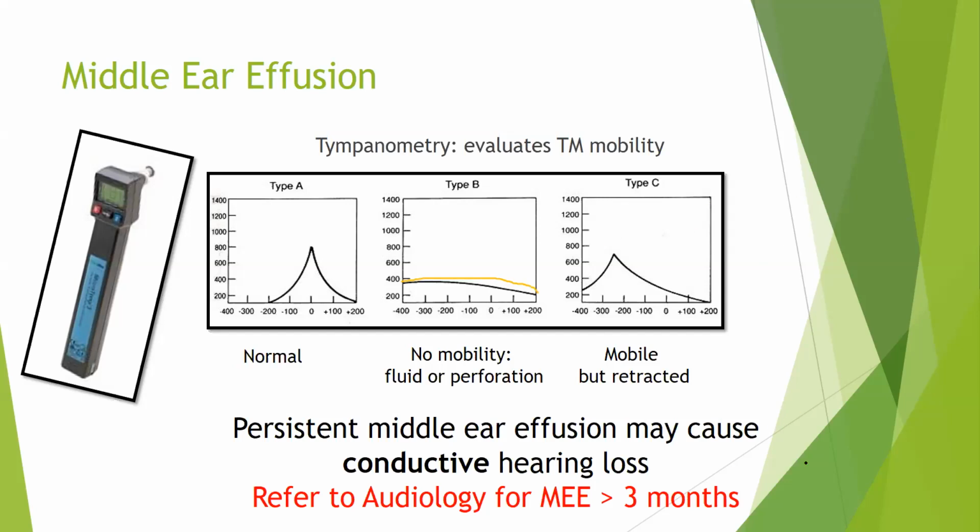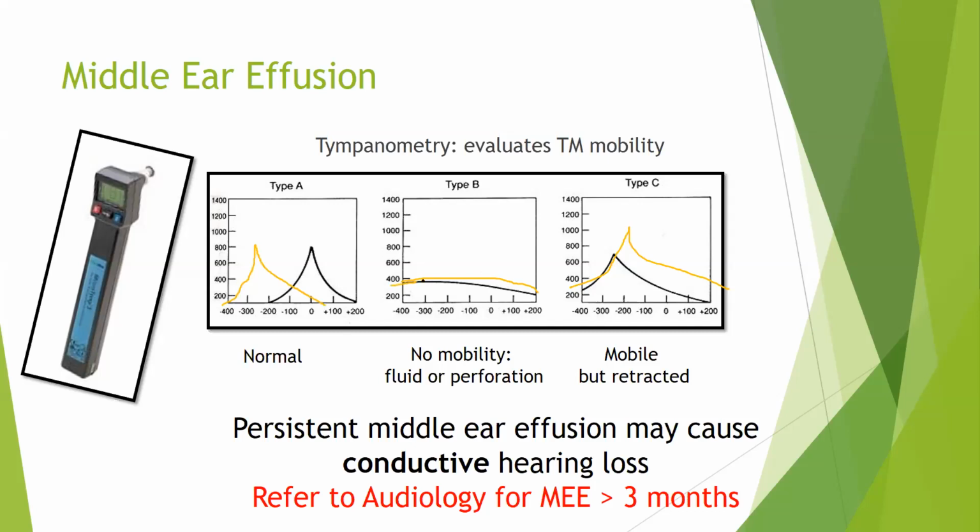And then if it's mobile but retracted, then you're still going to have this peak look because it's moving, but it's going to be a little bit farther down the canal, so you see it more toward the negative. So if we see a retracted membrane here, it's going to land on this side of your tympanometry.